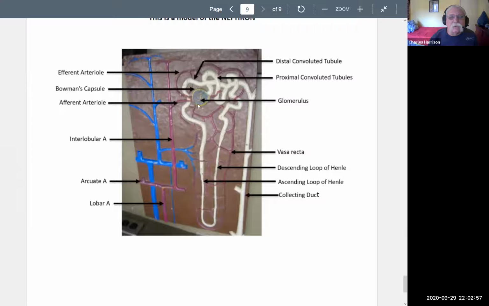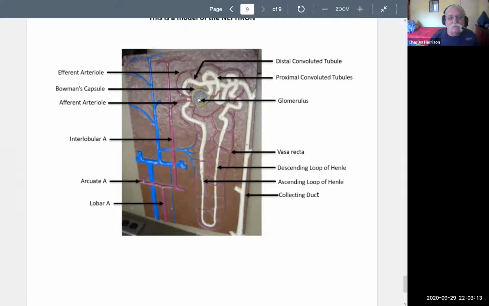Okay, Bowman's capsule is shown here, I think in a lime green. The glomerulus is the set of capillaries being fed by the afferent arteriole.